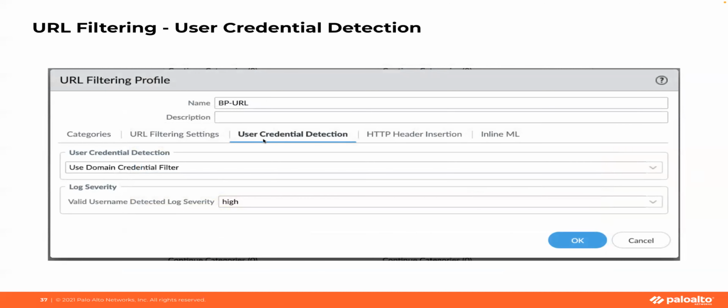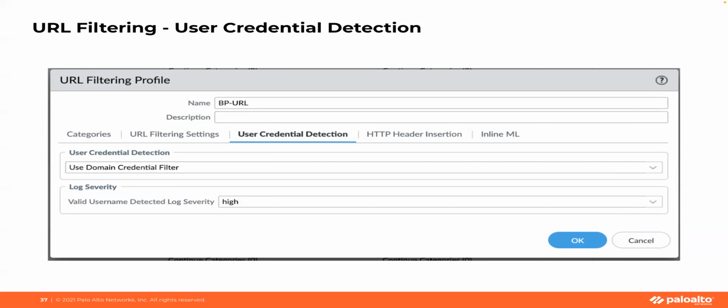When it comes to credential detection, as I mentioned, the mode of operation we recommend is the domain credential filter. I'll try to summarize this real quick. There are 3 different modes here. One that uses user ID information and only detects usernames of users connected to a particular IP.